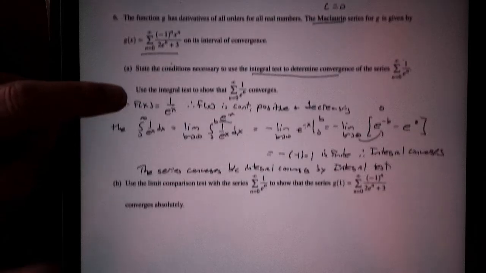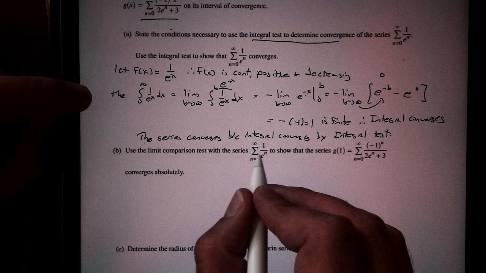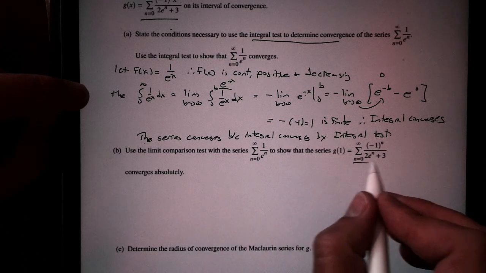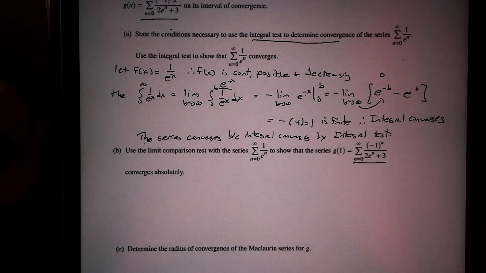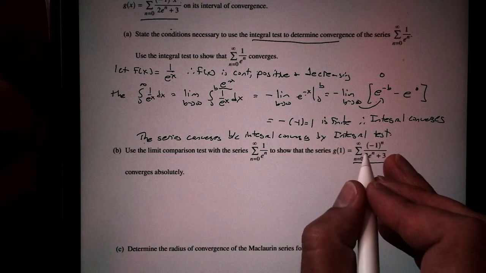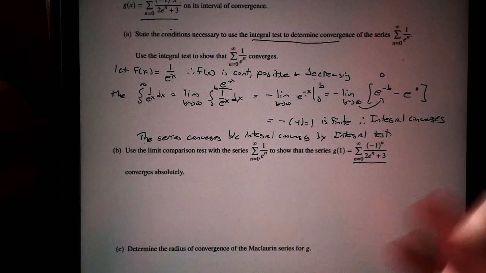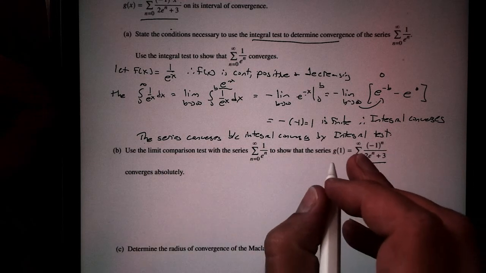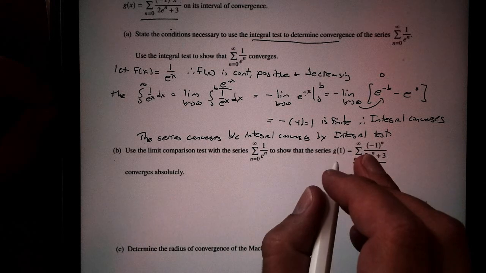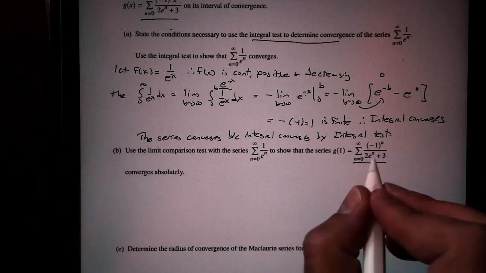Now, part B says, use the limit comparison test with this series to show that this series here converges. Now, this is an alternating series, so I already know that this converges. So we want to know if this series converges absolutely. So the first thing I'm going to do is use my alternating series test right here. I know that this will converge by alternating series.